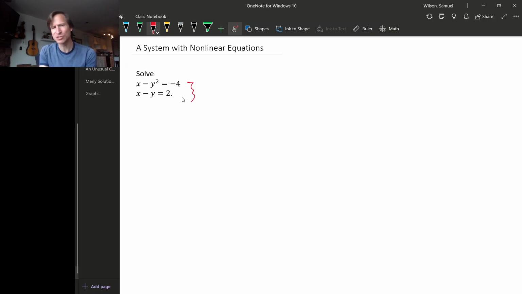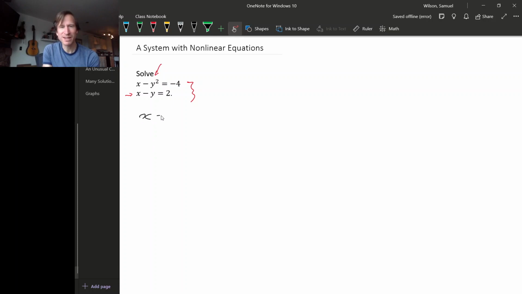You want to use a little judgment in choosing which equation and which variable. I think if we solve this second equation, we can solve it for x or for y, but if we solve it for y, then we're going to have to plug some messy thing into this y squared thing, and we're going to have to square it. So let's save ourselves the work and solve this second equation for x instead.